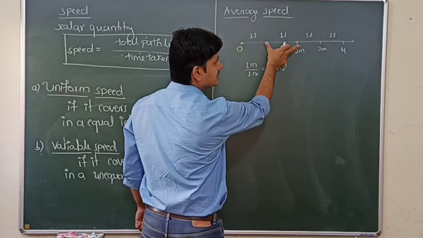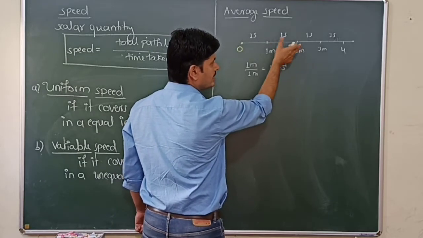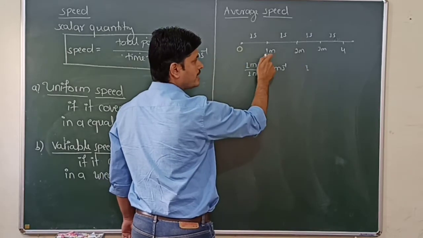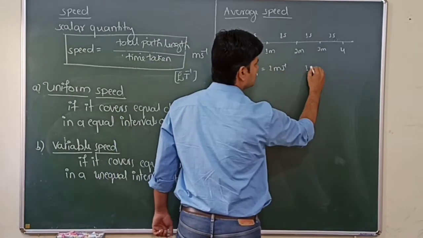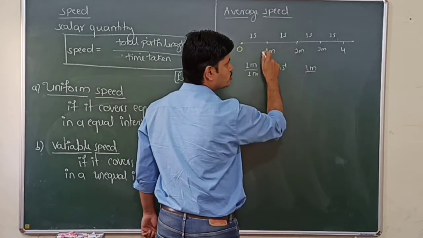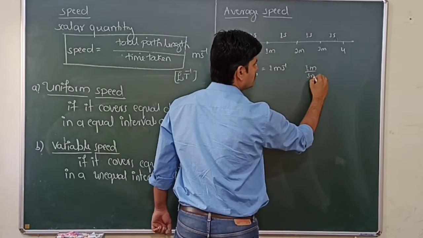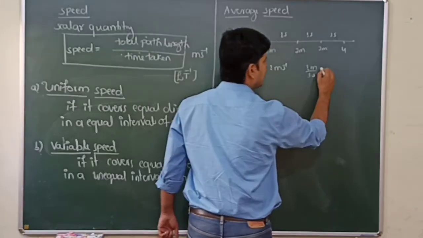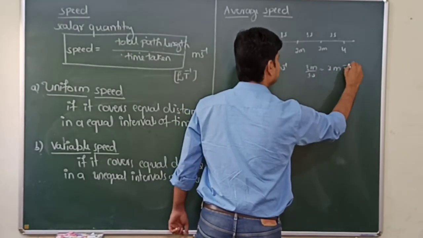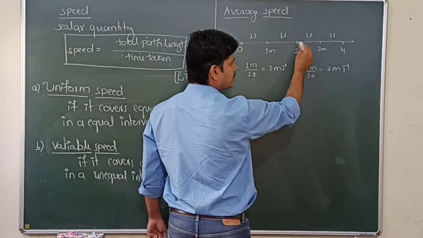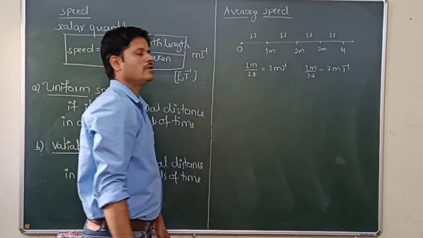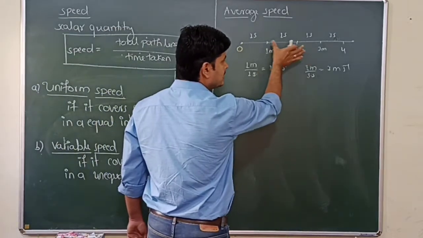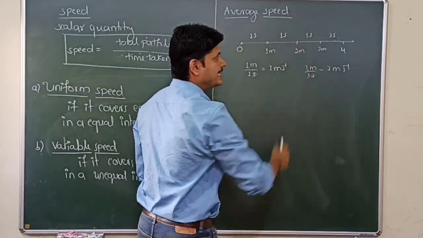Similarly, for the second distance, from 1 meter to the second meter, take the difference, 2 minus 1 meter, divided by the time taken to cover this second meter. It is 1 second, and here also it is 1 meter per second. Similarly, the third is also 1 meter per second, and the fourth also 1 meter per second. All the 1 meters are covered in 1 second.